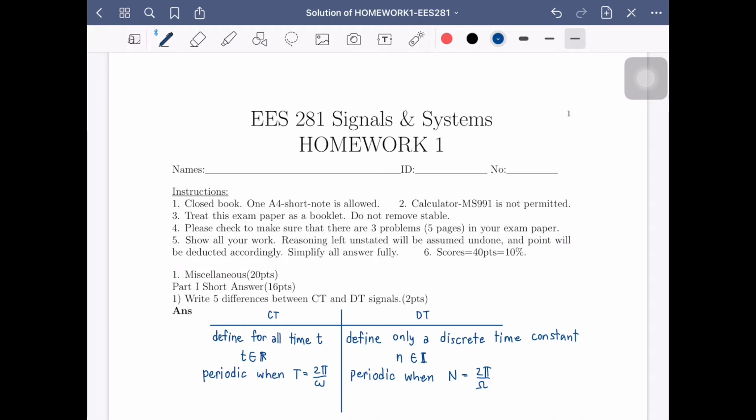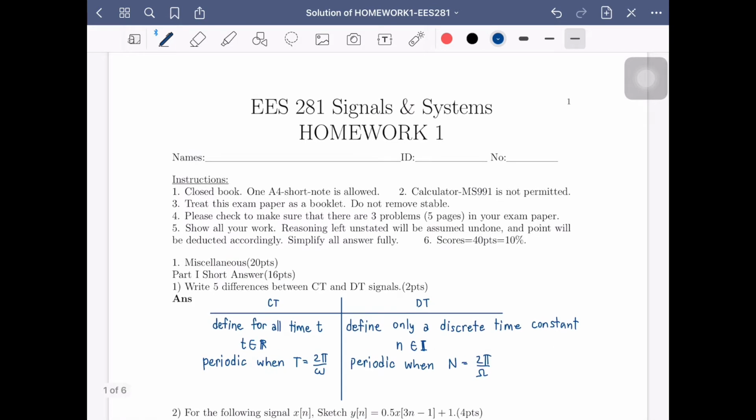And the fourth one, we know that for continuous time, x of kt will be compressed when k is more than 1.